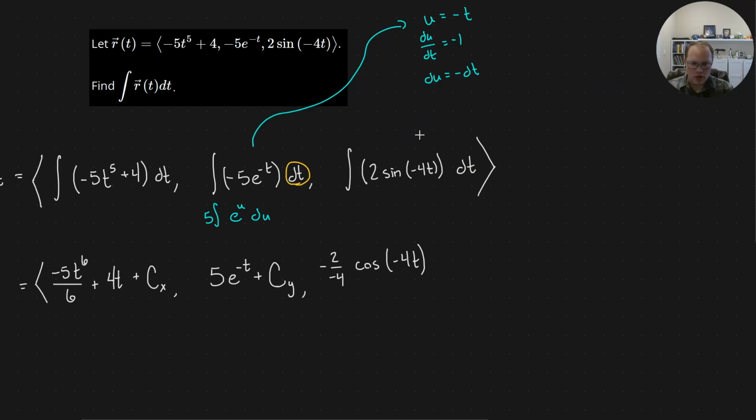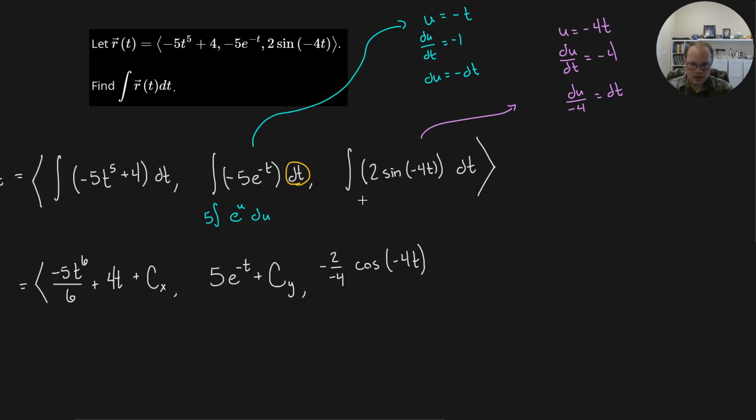Let's also look at it using substitution. So using substitution, I would let u be negative 4t. If I take the derivative of both sides with respect to t, du dt is negative 4. If I divide by negative 4 to get the dt by itself, then I could swap out the dt with du over negative 4. That's why I'm dividing by the negative 4.